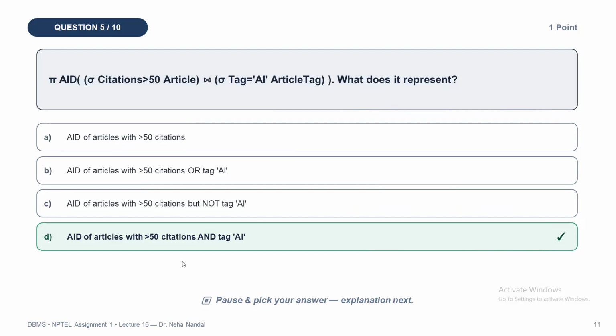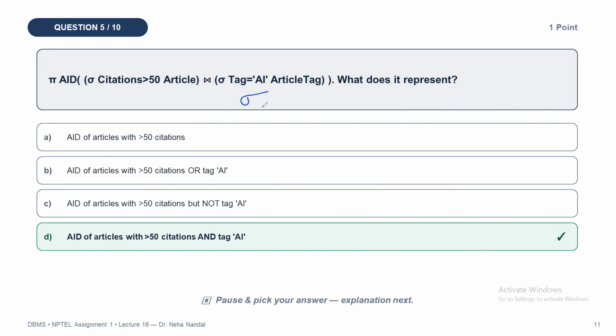Question number 5 is about relational algebra. It is asking us what this expression represents. As I told you in my lectures, here the selection is happening first.